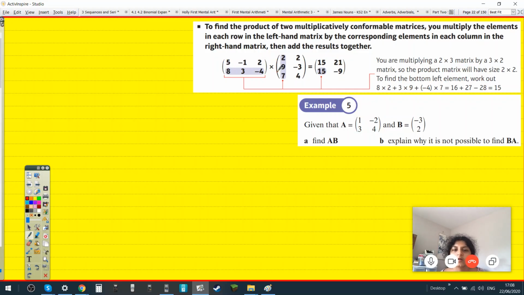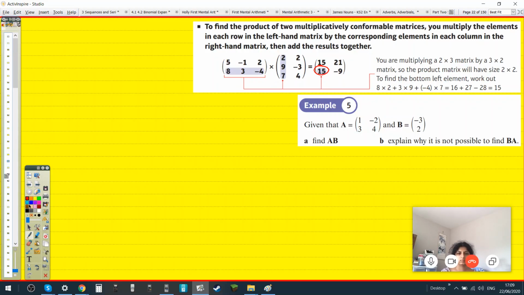And you add those together. You can see how 8 times 2 plus 3 times 9 plus minus 4 times 7 gives you 15. You start with top going down.